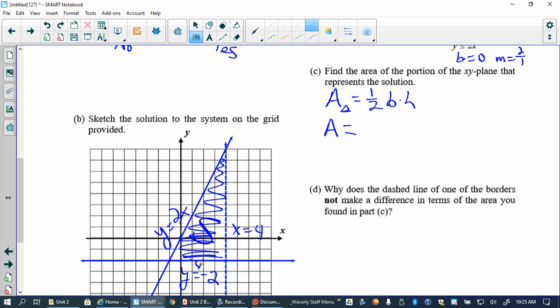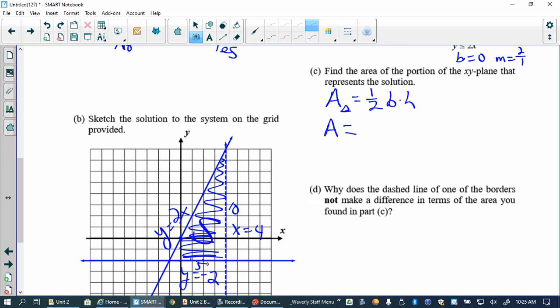It's 5. Yeah, you just got to count. So our area is 1/2 times 4 times 10. What's half of 4? Times 10. Okay?